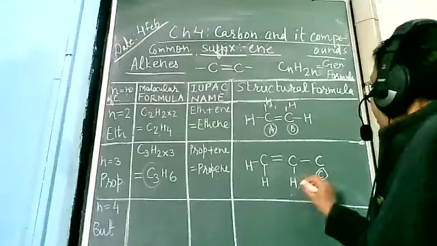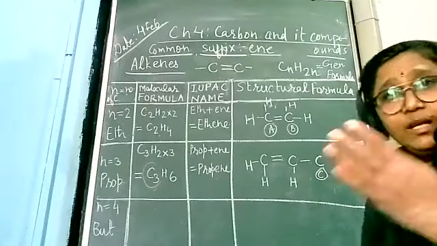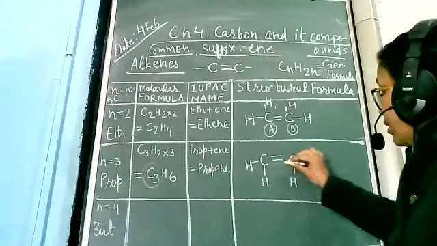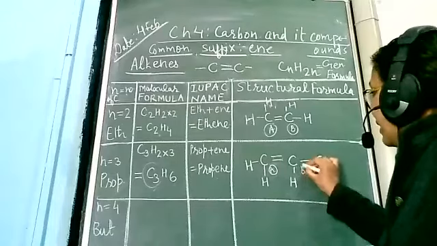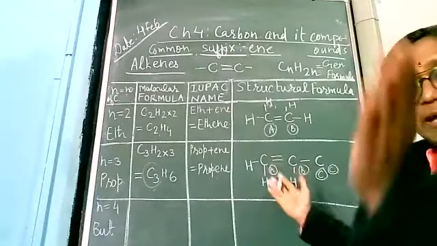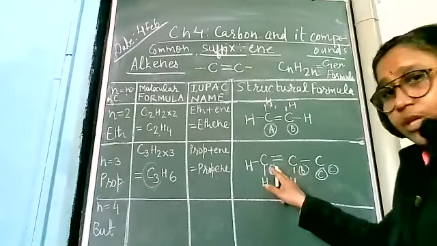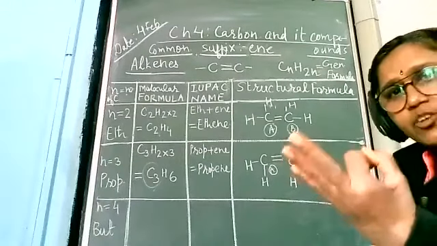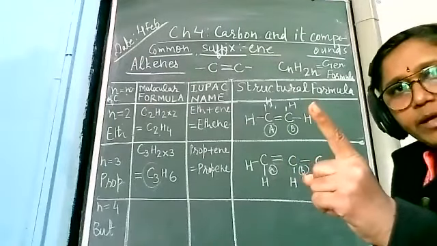Ma'am, 1. 4 चाहिए ना बेटा? क्यों? उसने A से ऑलरेडी 2 शेयर किए हैं और C के साथ भी शेयर किया है एक इलेक्ट्रॉन. We have to see, left और right side दोनों side शेयर कर रहा है वो. A के साथ भी 2 शेयर किए हैं, C के साथ भी एक शेयर किया है. That way it has already shared 3 electrons. Only one is left to share. Got it?